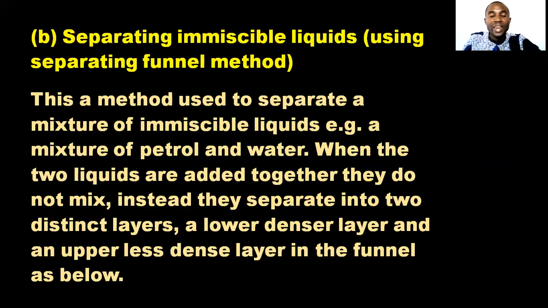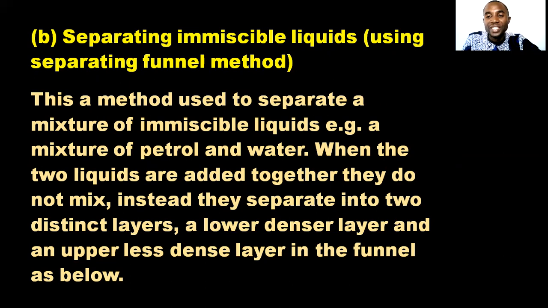All right, the next one is separating immiscible liquids using a separating funnel. This one is immiscible; the other one is miscible. This method is used to separate a mixture of immiscible liquids, for example a mixture of petrol and water.